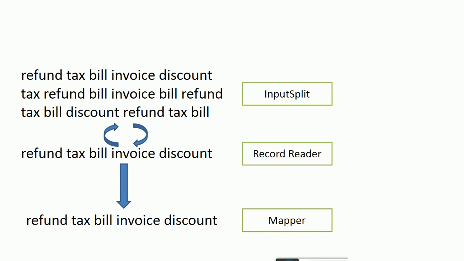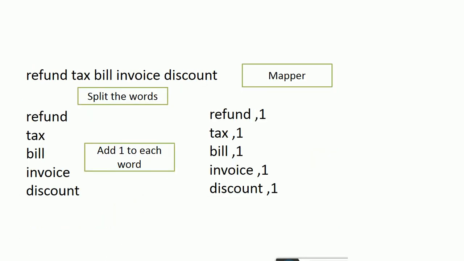The address of that line is the key and the whole line is your value. We had nothing to do with the key; it was of no relevance in this example. So we did not consider the key, we just took the value, split those values, and assigned a weight of 1 to all of them.